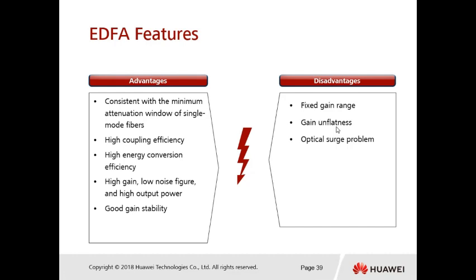Maybe some wavelengths' gain is a little higher, some a little lower. Not too much different, okay? Just a little different. But if we have a lot of EDFAs cascaded together, after you pass through too many EDFAs, that makes your optical power unflat. So we call it gain unflatness.